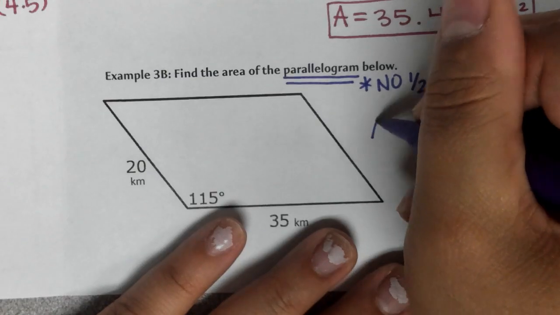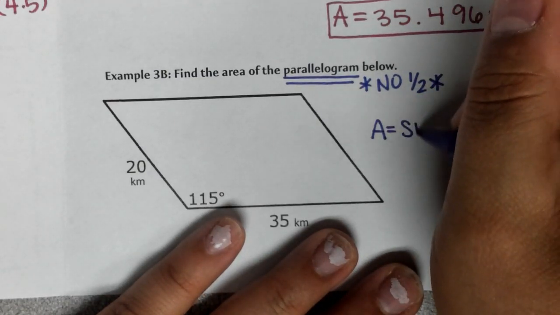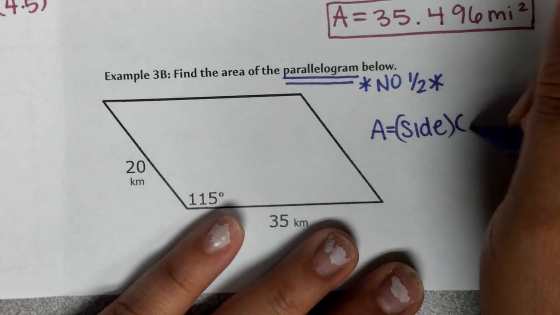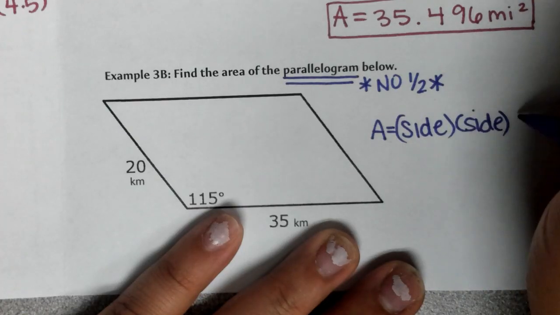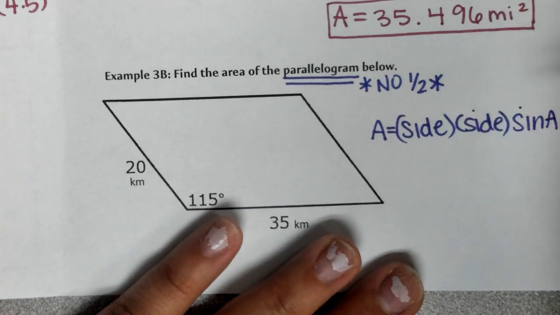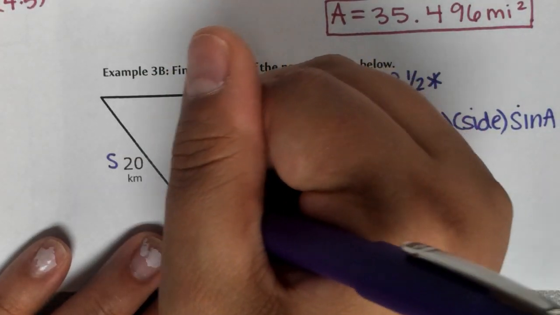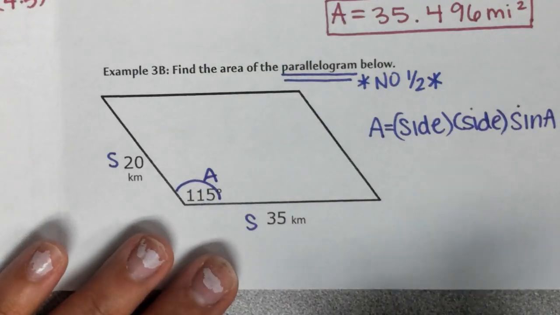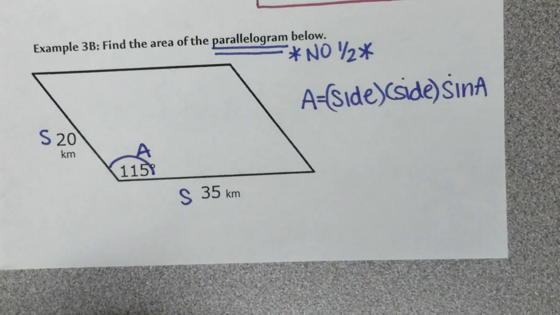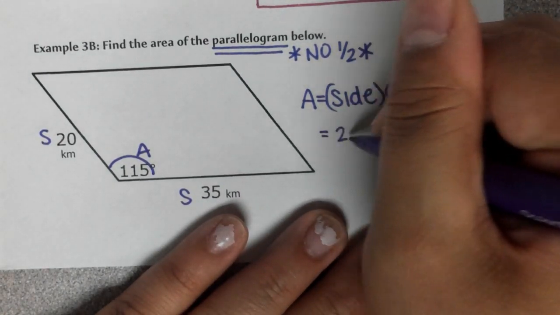So for this one, a parallelogram, we're just going to do the side times the side times the sine of the angle. And we can do this because the angle is in between 2 sides.